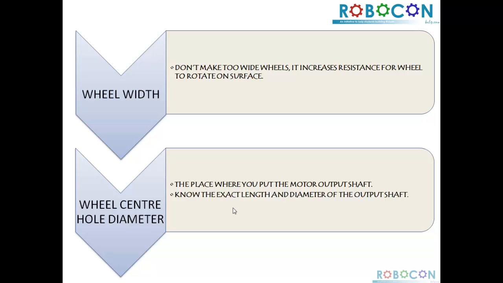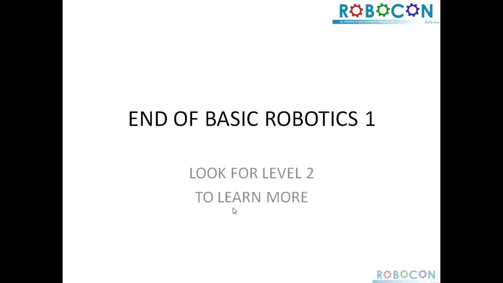Sometimes the wheel hole is made properly, but the shaft does not enter the hole properly, or it goes only a certain distance. It does not cross the complete thickness of the wheel. So keep these tips in mind while you are making your wheeled robot.